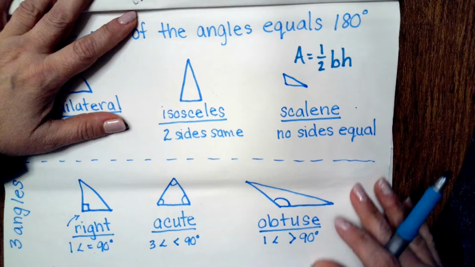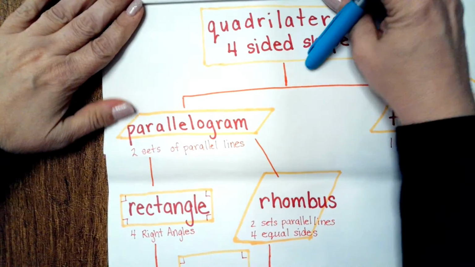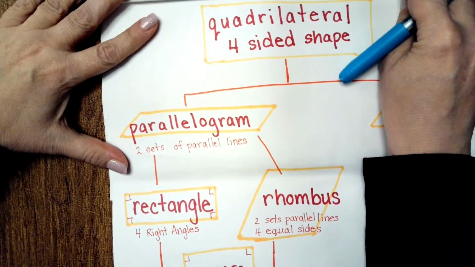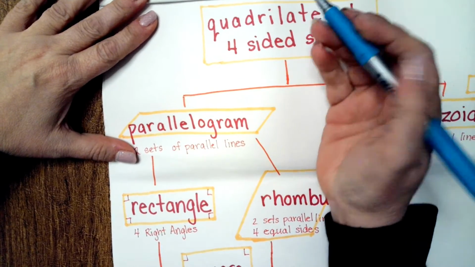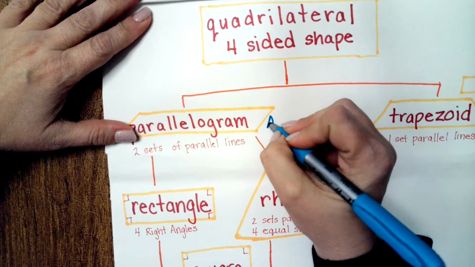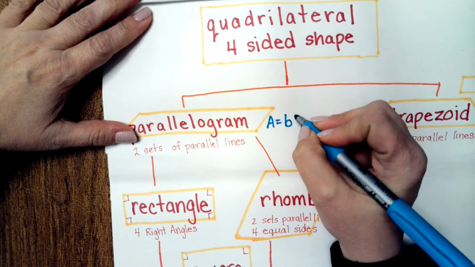Now the other shape that we're going to learn about today are parallelograms. So I'm flipping my quadrilateral page, and to find the area of a parallelogram, area is equal to base times the height.